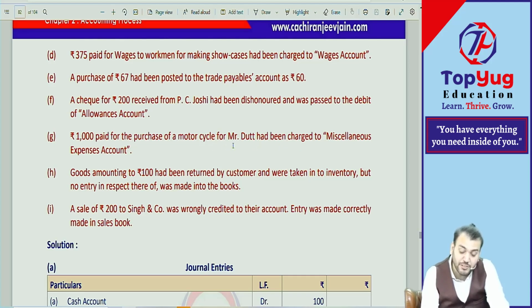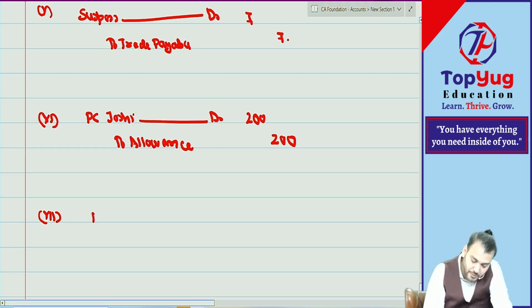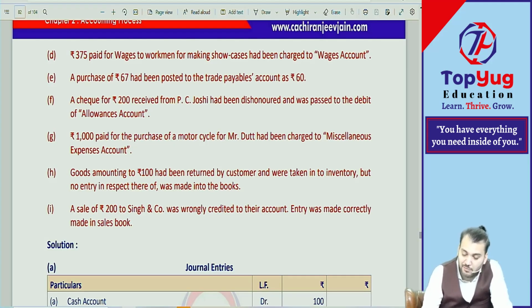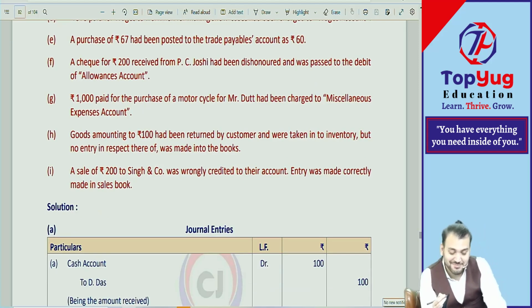So it is for Mr. Dutt, means it becomes a personal expense which has been debited to miscellaneous expense. What journal entry? So drawing account debit to miscellaneous expense account. How much? 1000. Motorcycle at rupees 1000.